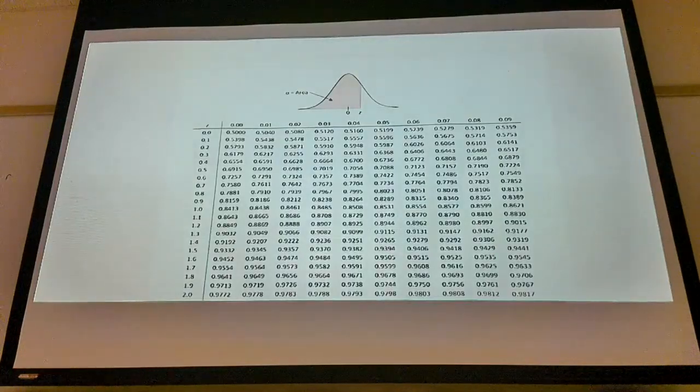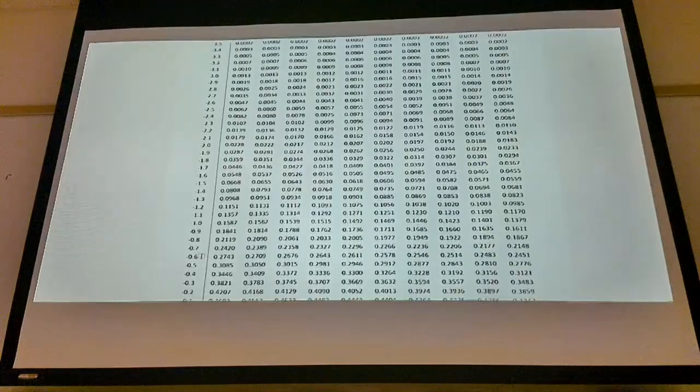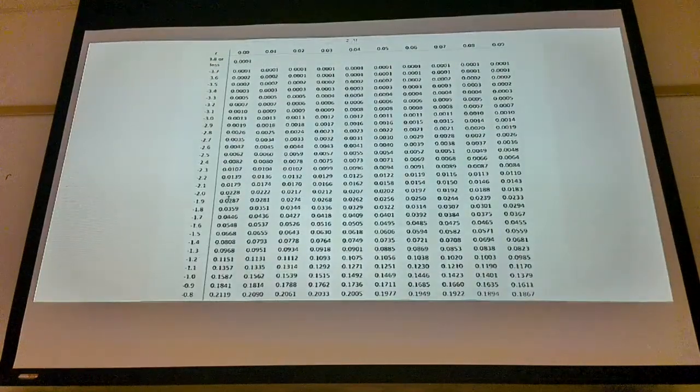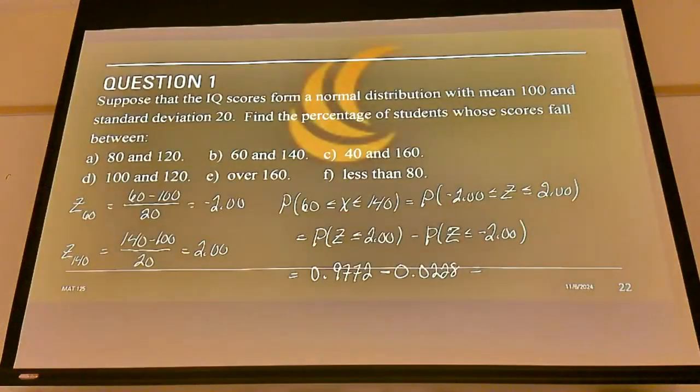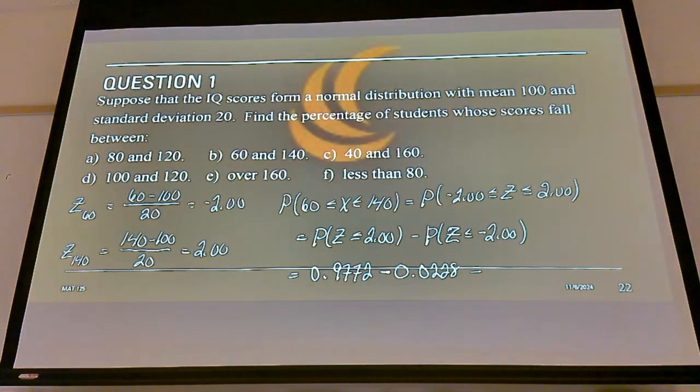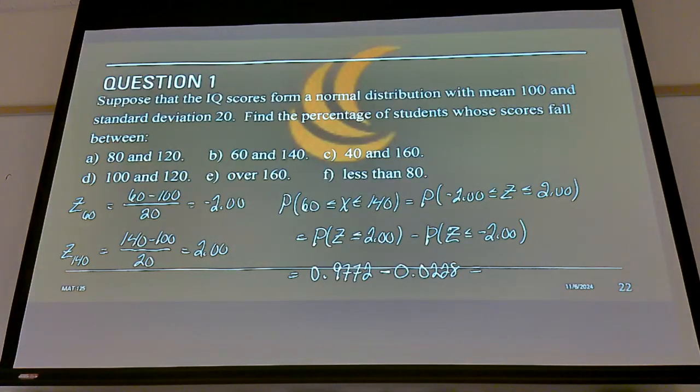Negative 2.00 is 0.0228. The difference is 0.9544, which is about 95%.